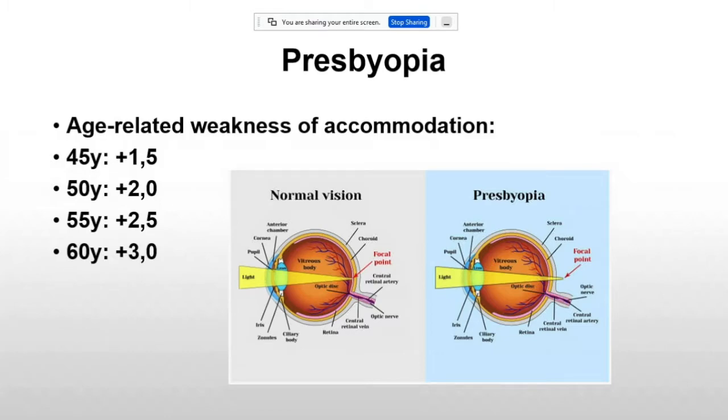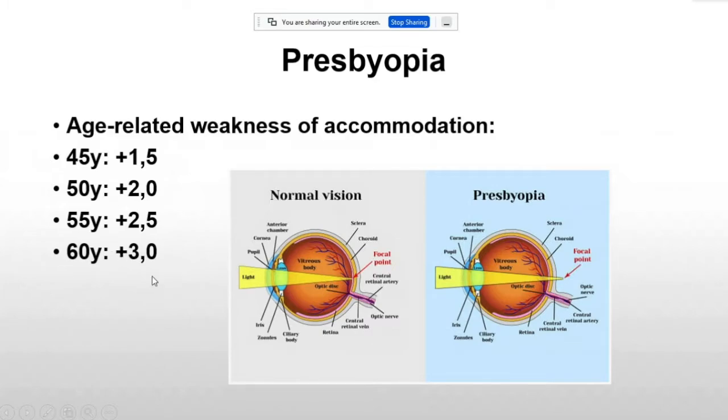These 3 diopters that the eye accommodates for near decompensate at the age of 60. So little by little, we put glasses for near: at the age of 45 plus 1.5, at 50 plus 2, at 55 plus 2.5, and at 60 it all decompensates.